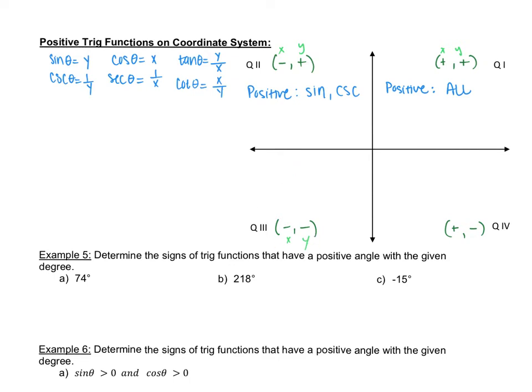The only time that it gets to be positive is if you consume both x and y. Notice how tangent uses x and y, and if you had a negative on top and negative on bottom, when you divide, they become a positive. Same thing for cotangent. There's an x and a y, so both of them would be negative in the third quadrant, so they would end up being a positive value. So in this case, the only things that can be positive in the third quadrant are tangent and cotangent.